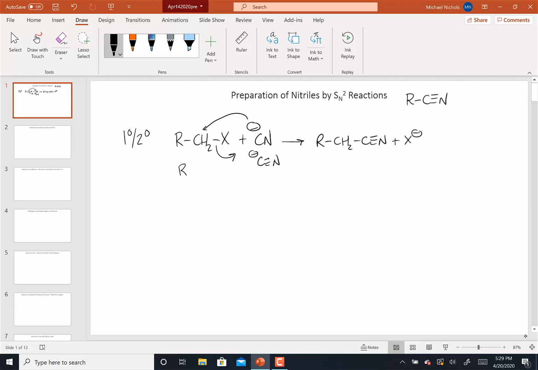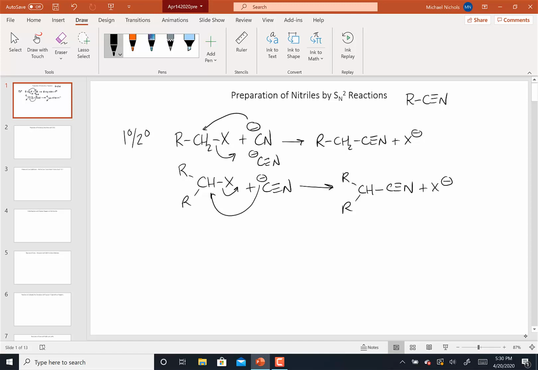And we could also do this with a secondary carbon, also reacting it with a cyanide ion so that it comes in and does an SN2 reaction. So we can substitute a primary or secondary halide with a nitrile.